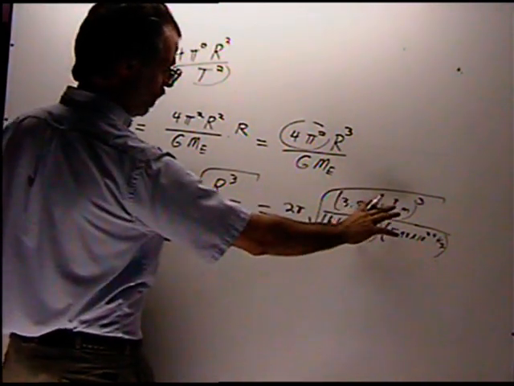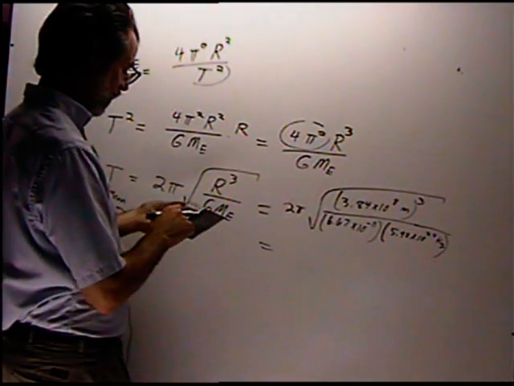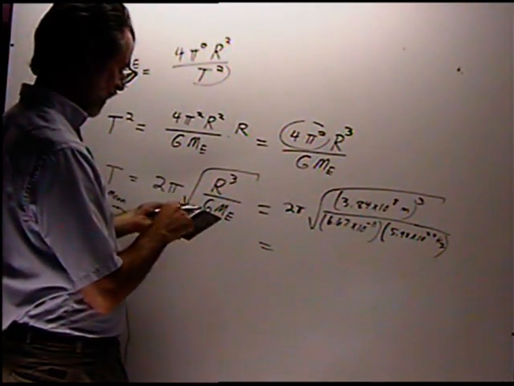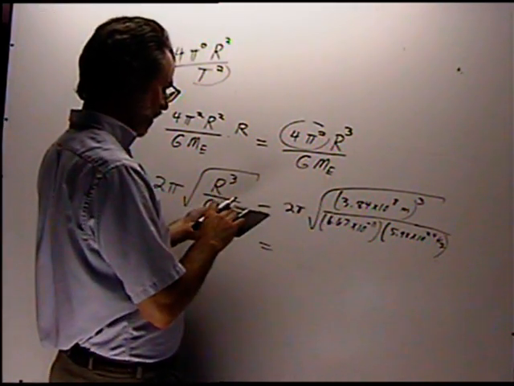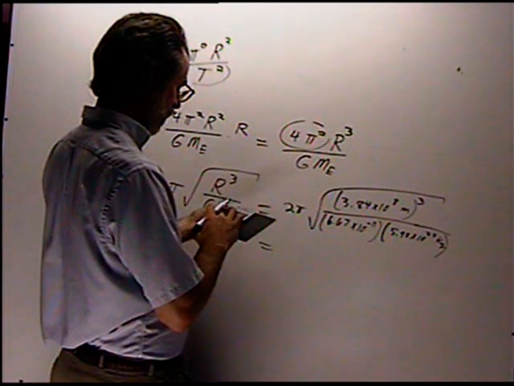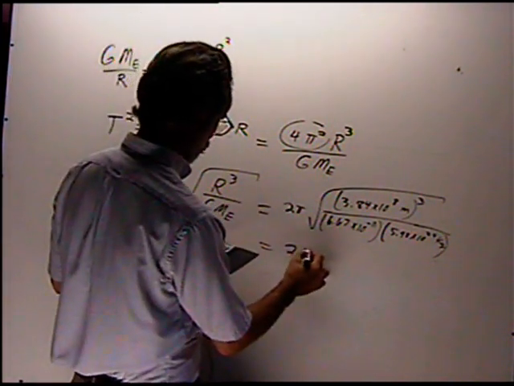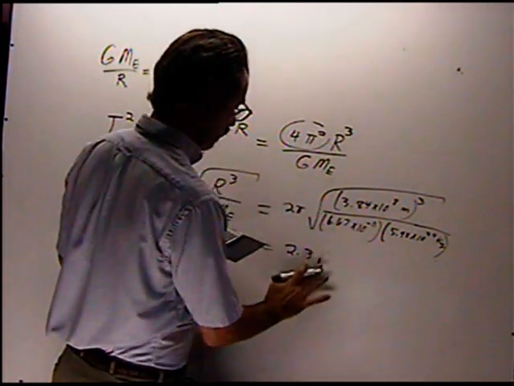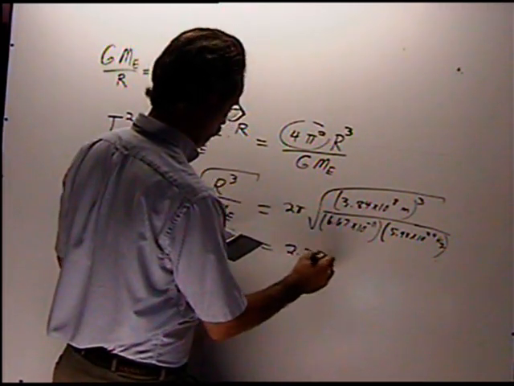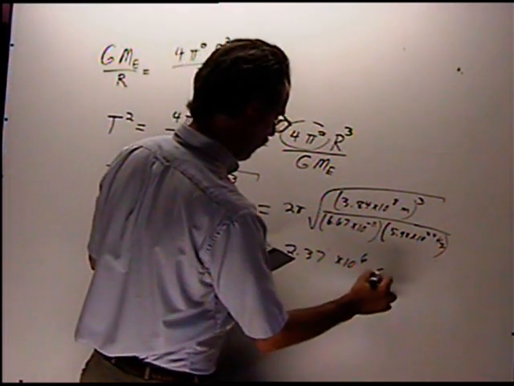Now I'm going to take the square root of that, times 2 times pi, and I get a very big number. I get 2.367. I'll round it off to 3 significant figures: 2.37 times 10 to the 6 seconds.